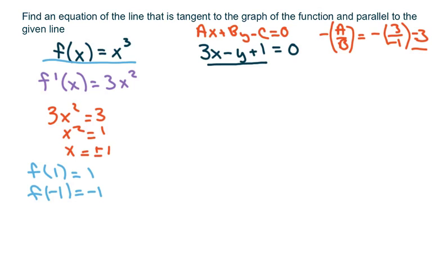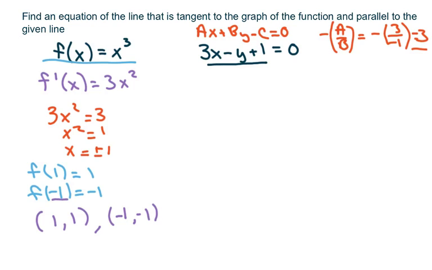Then we're going to have 2 lines on this one. So we write the equation of the tangent line. Let's write our points: 1 comma 1, and our other point is negative 1 comma negative 1.